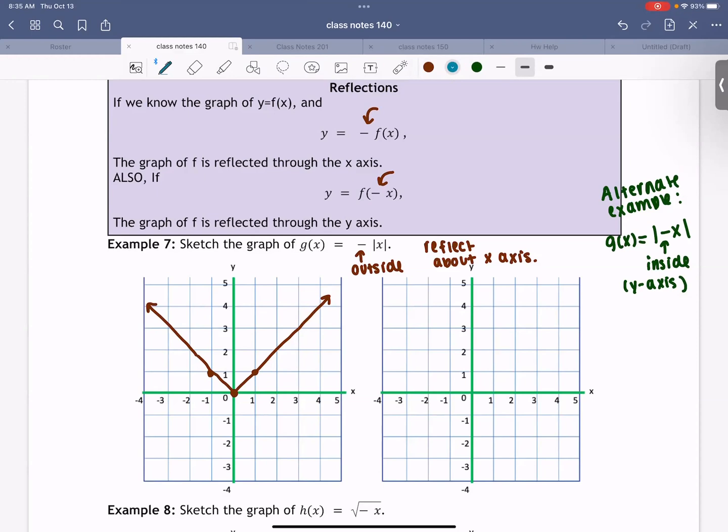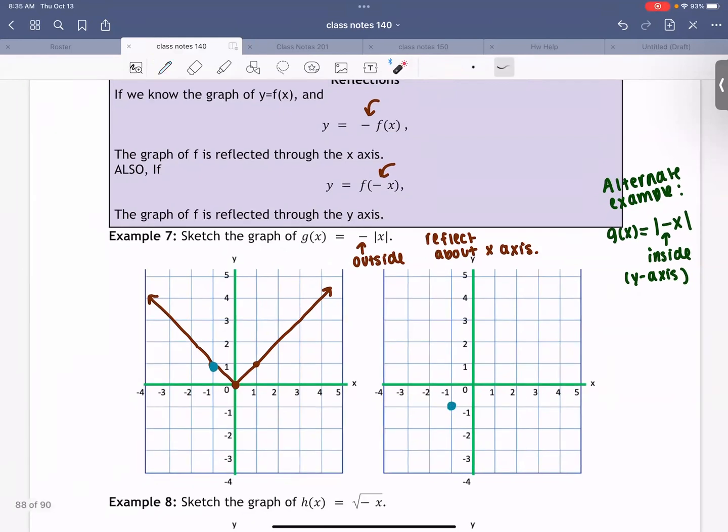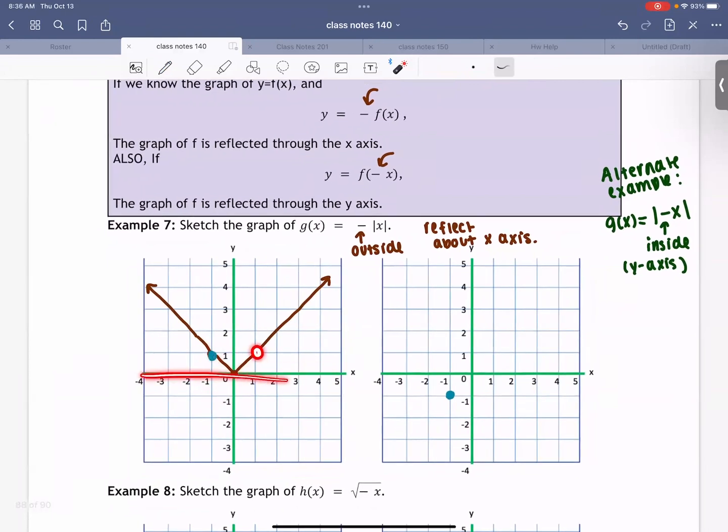So how do we do this? We're just going to pretend that the x-axis is a mirror. Imagine that the x-axis was a mirror and you wanted to see what was on the other side. Basically, you take every point on the other side of the mirror and you flip it over the x-axis. The distance between this point and the x-axis is going to be the same as the x-axis to the other point. So this point is just going to be flipped over the mirror like that. This point is also going to be flipped over the mirror the same distance.